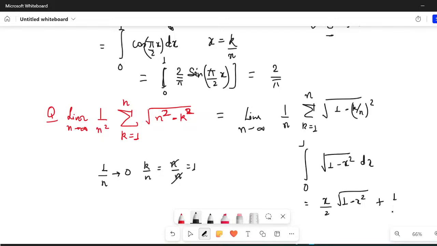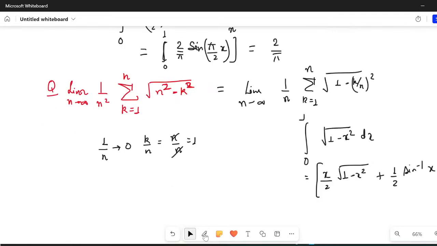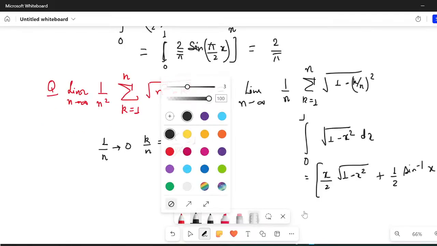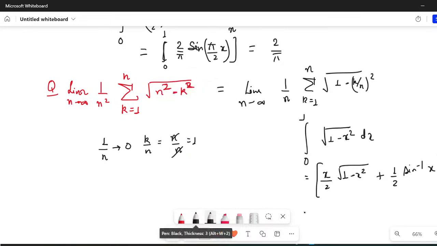Instead of a square you will get 1, and this will be sine inverse of x, from 0 to 1. If you replace 1 here, this would be 0. If you replace 0 here, this would be 0. If you replace 1 here, sine inverse 1 is what? Pi by 2, and times 1 by 2, so the answer would be pi by 4. Is that clear? I hope it is clear. The answer would be pi by 4.